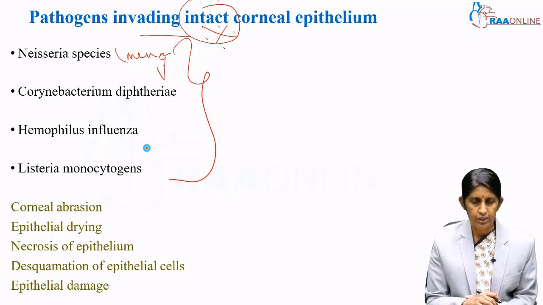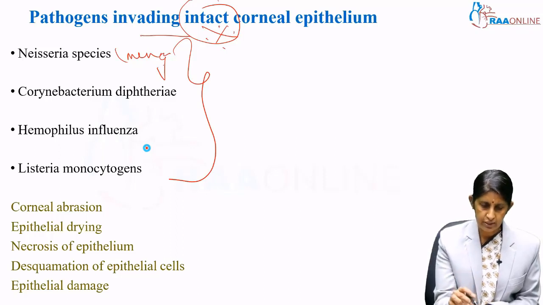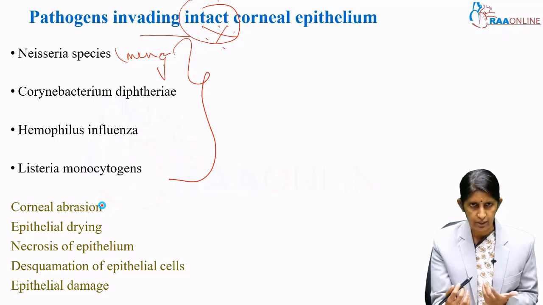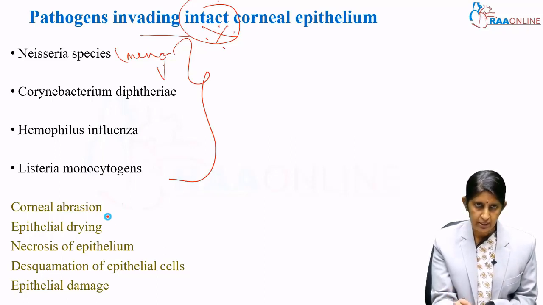But the predisposing factors that I mentioned, which need not be present in these patients, is a corneal aberration due to any cause, trauma or eye rubbing or nail injury, etc. They can lead to epithelial drying. Dryness will alter the metabolic activity and cause necrosis of the epithelium. This is followed by desquamation.